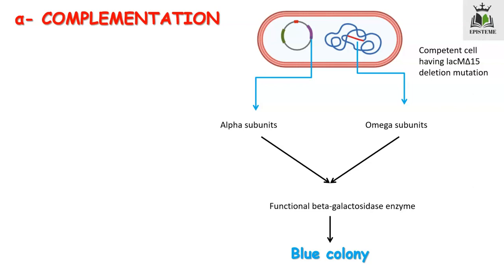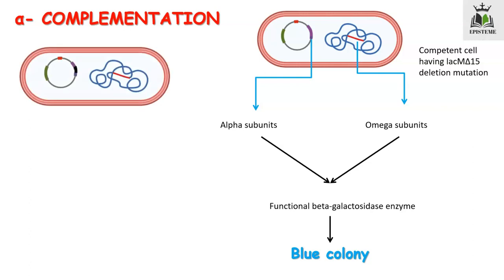So we can relate now that the blue colonies are the ones that do not contain the recombinant plasmid in the cell. And if we have a recombinant plasmid, you see this black segment in the middle of the lac Z region.